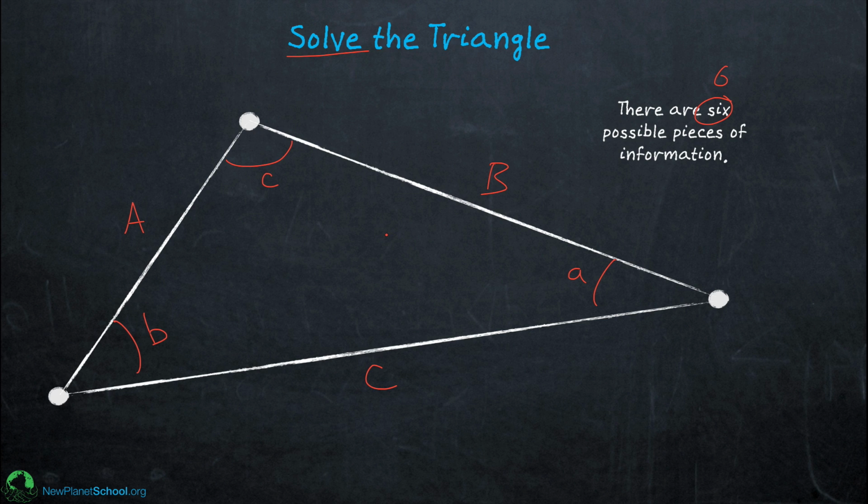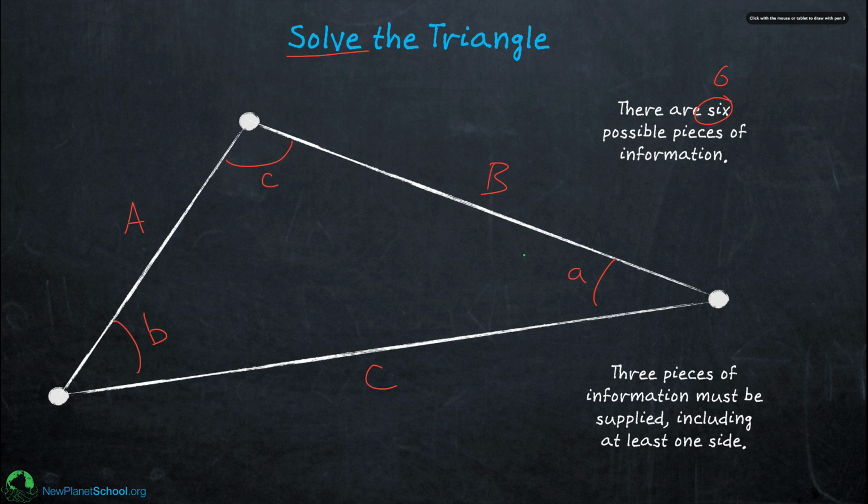Now, what trigonometry tells us is something very interesting, and that is that we really only need 3 pieces of information to start with, provided that 2 things are true. One, we need to know at least one side.